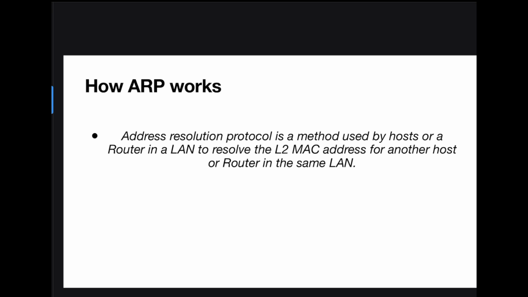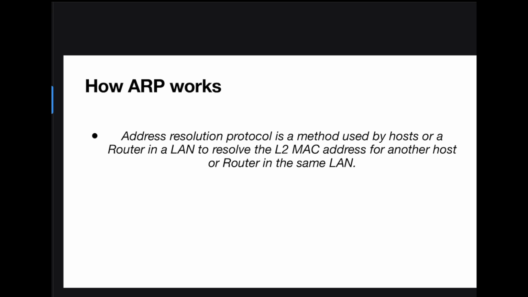But we don't know the MAC address, so a broadcast message is sent out asking who has this IP address. So let's say, 10.1.1.5. Who has this IP address? When PC2 gets the broadcast message, it will say, yes, this is me. Here's my MAC address, so you can communicate with me.